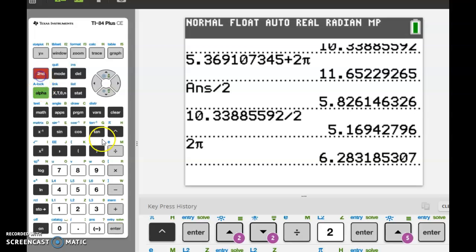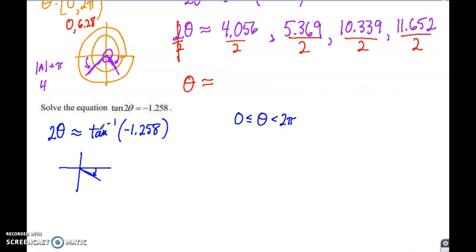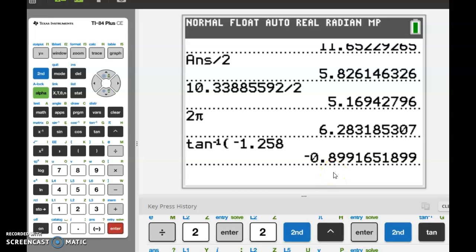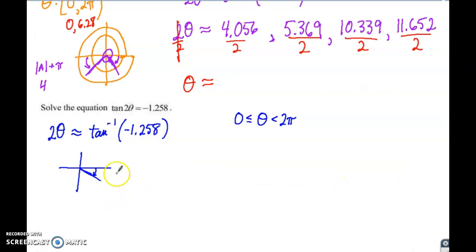So the inverse tangent of negative 1.258 is negative 0.899. And we don't even want that angle because that's not bigger than 0. You can fix that because tangent's also negative in the second quadrant, so you can add pi to that.